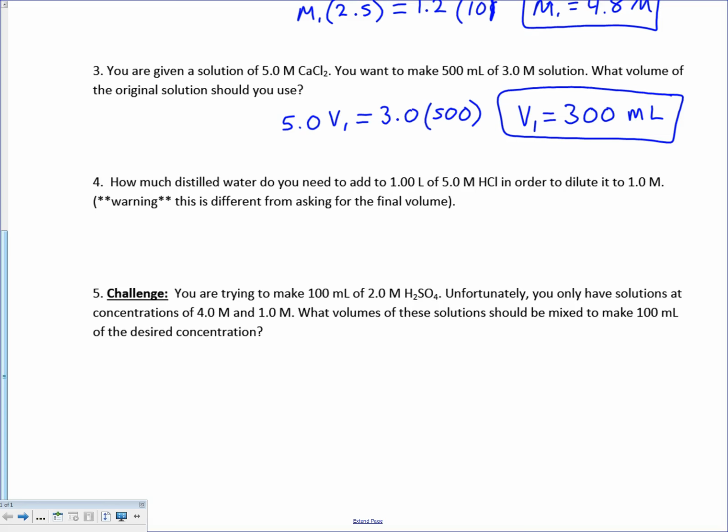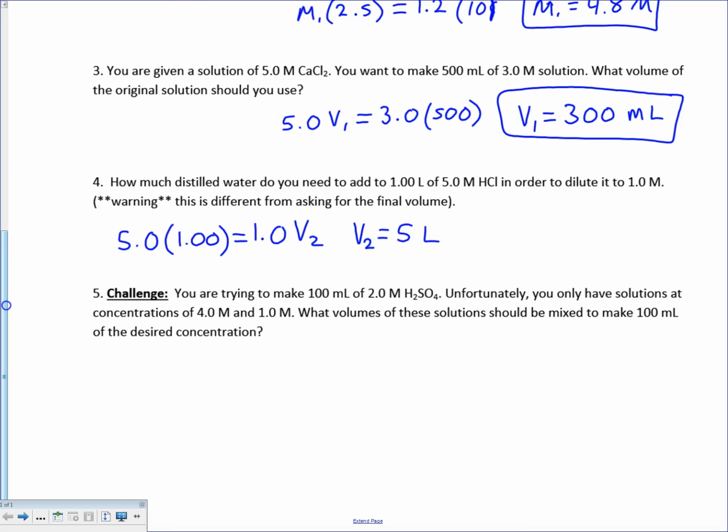M1V1, we've got 5 molar times 1 liter equals M2V2. We want it to be 1 molar in the end, and then we're going to figure out what V2 is. You solve that, you get V2 equals 5 liters.